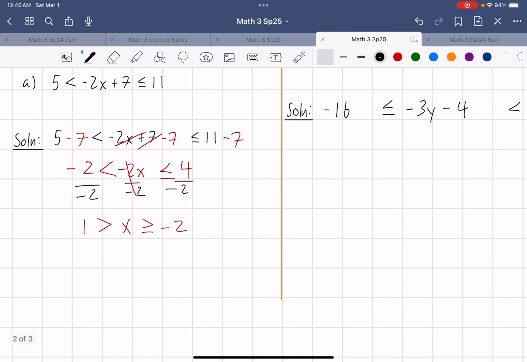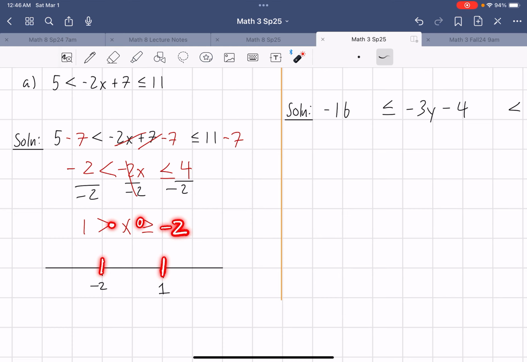Now if I were to graph this, I have two numbers to reference, -2 and 1. And if I read this carefully, the closed side says it has to be smaller than 1, but the open side says it has to be bigger than -2.